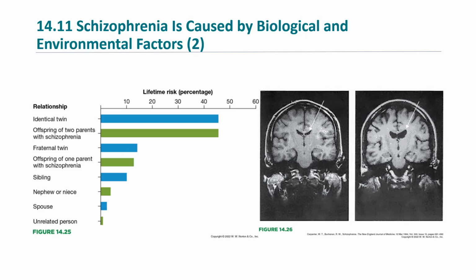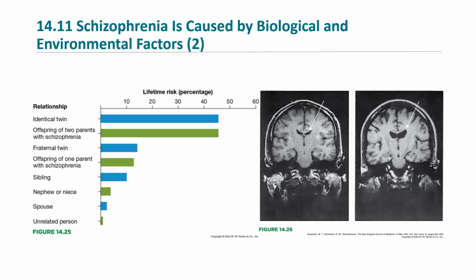But considering that, if you look at the very bottom part of the graph, an unrelated person, this is just the general rate, around 1 to 2% of the population. So 45% for identical twins shows certainly that genetics are at play. Same as the next one.